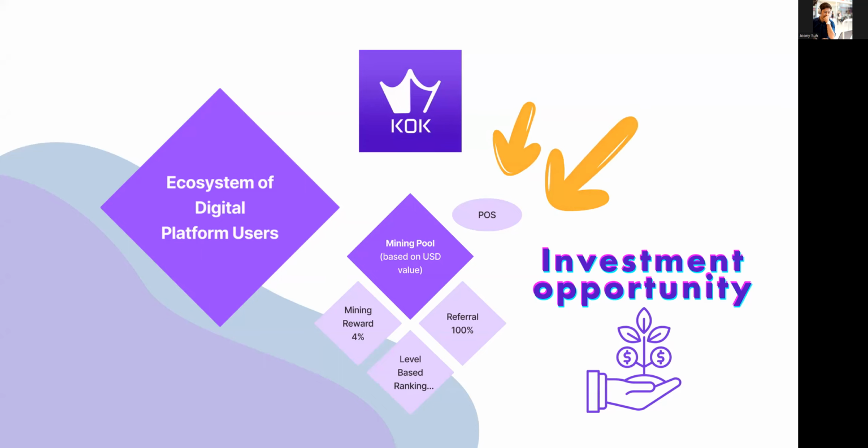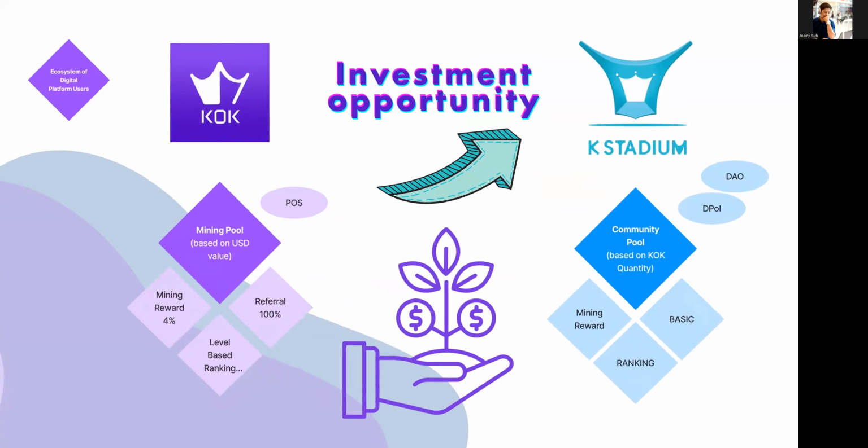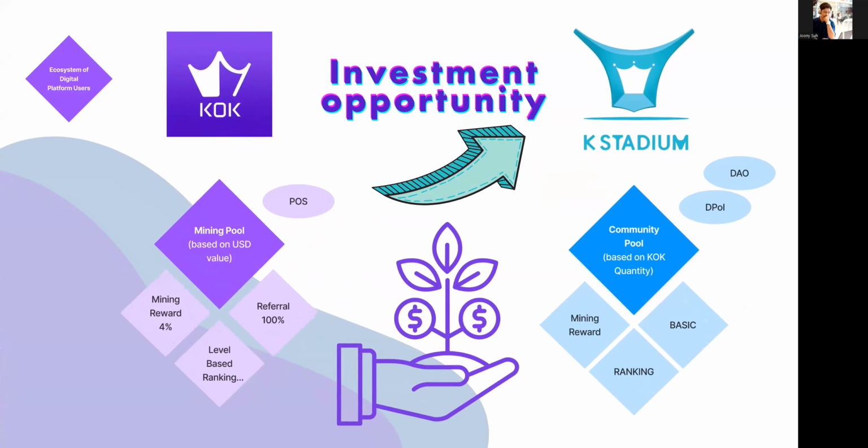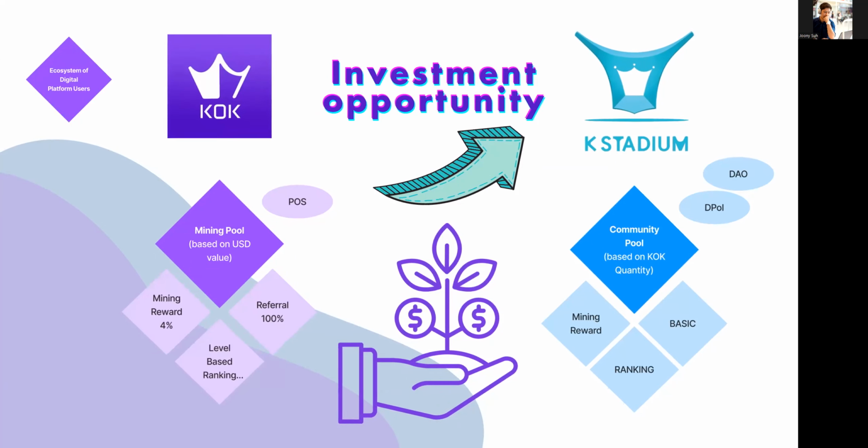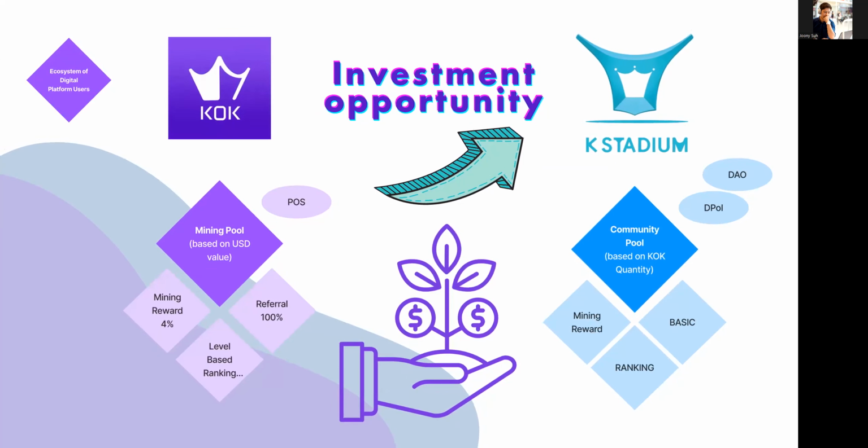Now, what the big change is happening, putting it the simplest way, is the ecosystem is splitting into two platforms, meaning KOK Play will focus on becoming the ecosystem for digital platform users, while the investment opportunistic side of this ecosystem is going to move to K Stadium. Don't get me wrong. You can still get your 4% mining reward and the POS or proof of stake model in KOK Play.